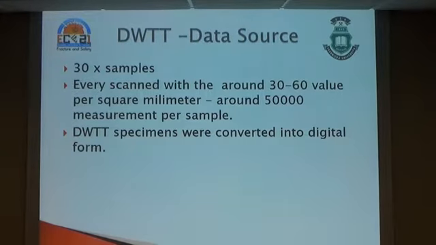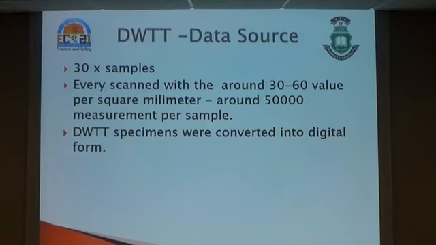Okay, so I got 30 samples, and every one was scanned with about 30-60 values per square millimeter. So for one sample it was about 50,000 measurements. It wasn't done in great magnitude, so not a lot can be seen from this kind of visualization. It looks like I have 50,000 values.